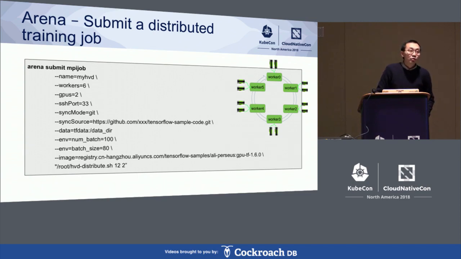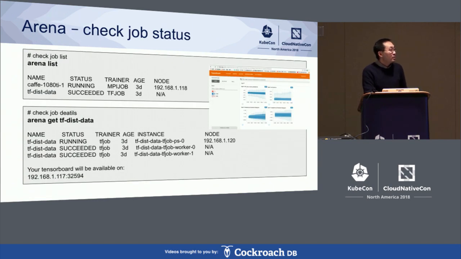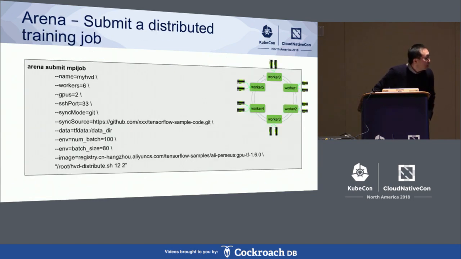It's an MPI job or a TensorFlow job or an MXNet job. Then give it a name, and then you specify how many workers and GPUs you want to use to run this job, and give your special hyperparameters as environment variables, and then specify your command and the image you want to use to train this job.